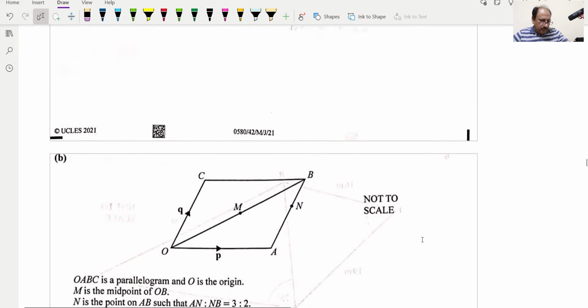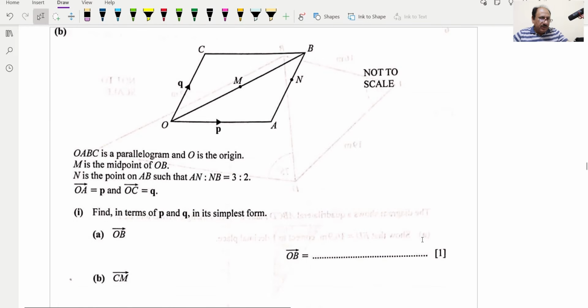Now we can move to the b part. A diagram is provided which is not to scale. This diagram is not to scale. They are saying OABC is a parallelogram, and O is the origin, M is the midpoint of OB, and N is the point on AB such that AN to NB is 3 to 2.